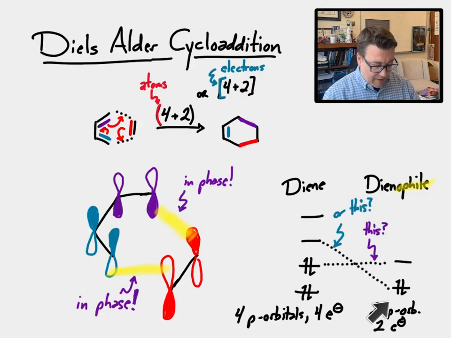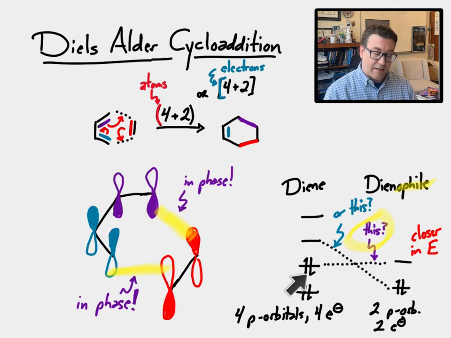You can either put the electrons from the diene into the dienophile, so you always have to interact filled orbitals with empty orbitals, or you can interact the filled orbital of the dienophile with the empty orbital of the diene. So in this case, we go with the diene orbitals interacting with the dienophile orbitals because they are closer in energy. And so whichever one is closer in energy, that's how the reaction is going to proceed.